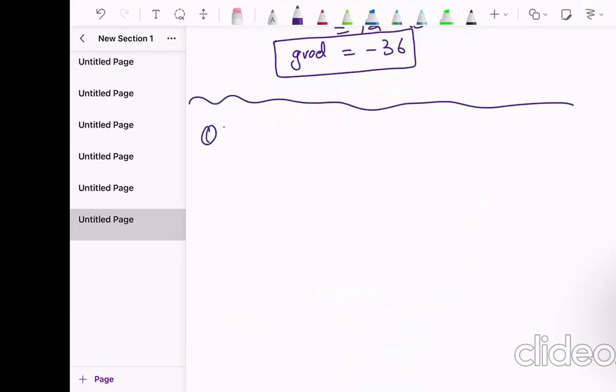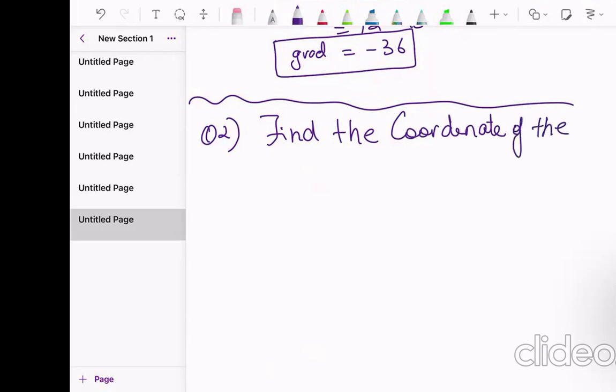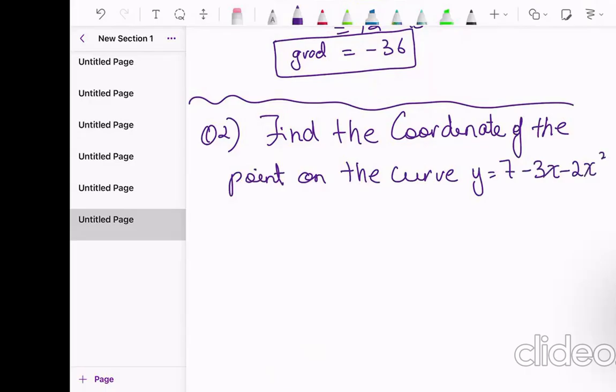Now, one more question related to gradient. Find the coordinate of the point on the curve y is equal to 7 minus 3x minus 2x squared, where the gradient is 5.